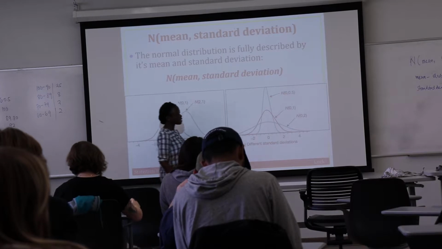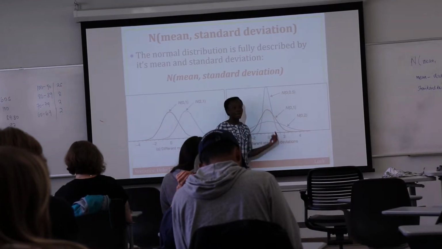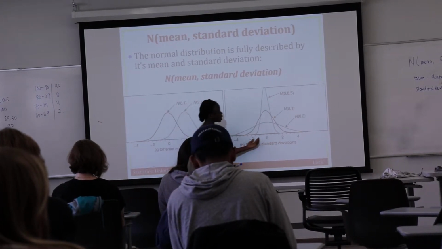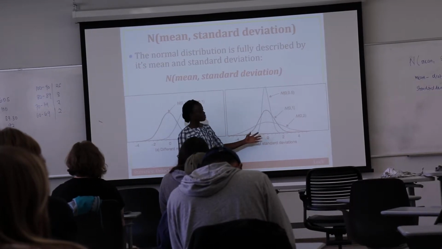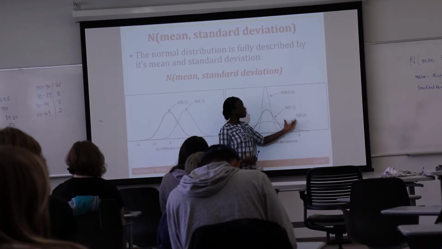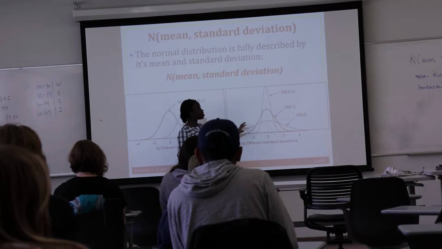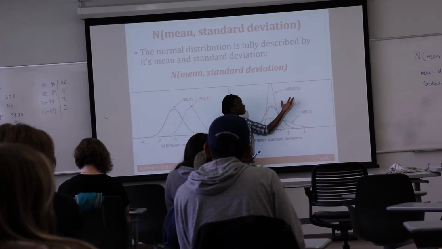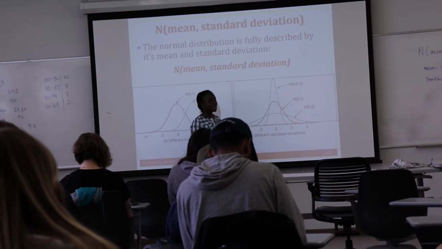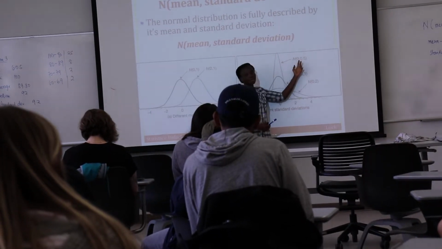Now looking at the second diagram, you realize that they both have a common mean, where the distribution is centered at. They have a mean of 0, but their shapes differ. The shapes differ because they have different standard deviations.